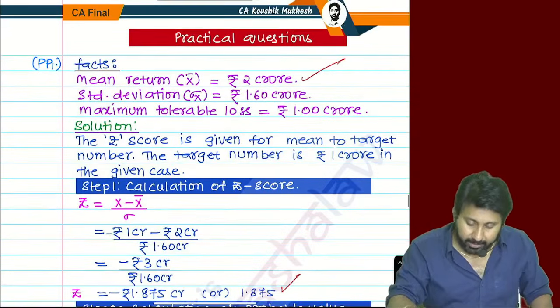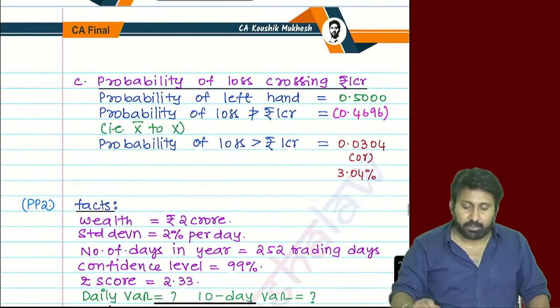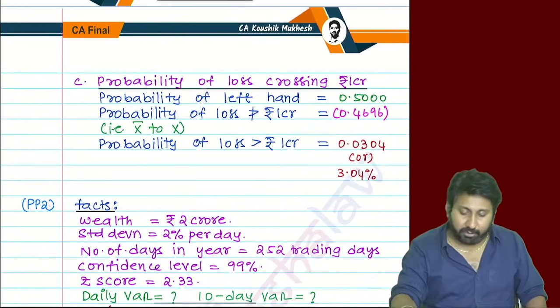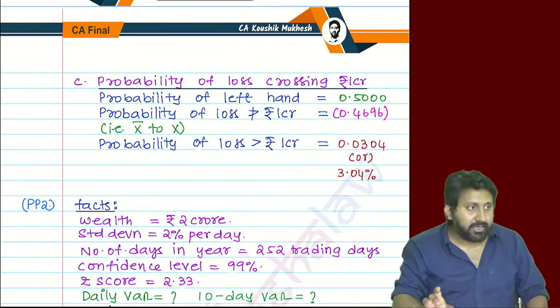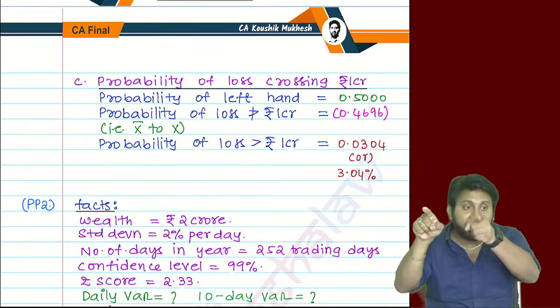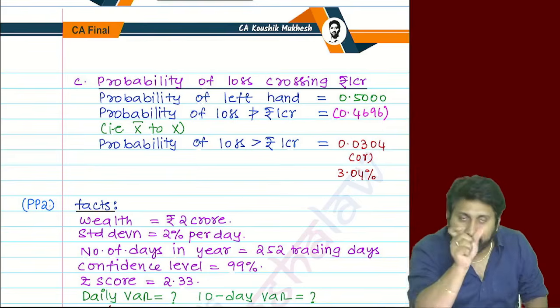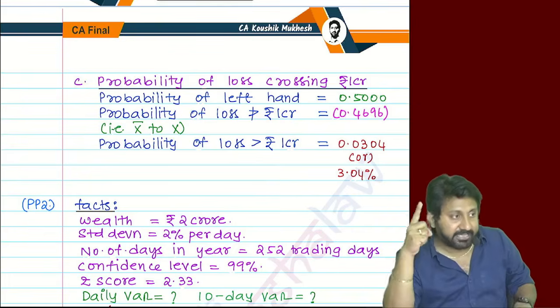Next. This is the question they asked: probability of loss crossing 1 crore. The probability on the left-hand side is a total of 0.5. In that, the probability from the mean to that particular loss value, up to 1 crore, is 46.96%.